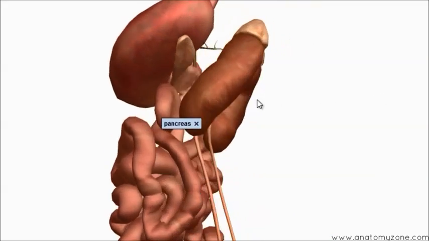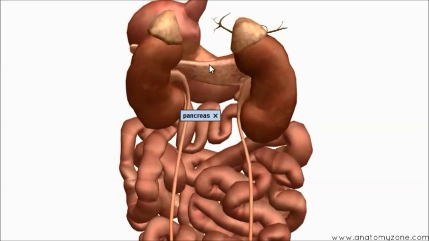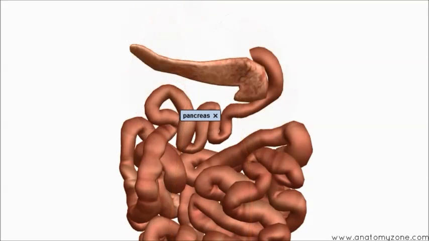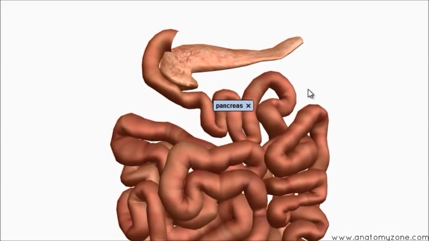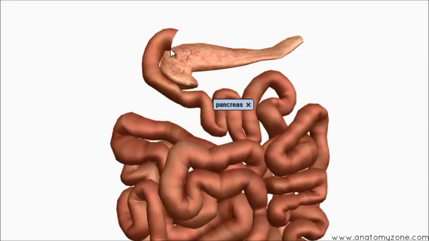This organ sits behind the stomach, as you can see here. If I just fade away the other organs, you can see the pancreas, and you can see how it sits in this C-shaped part of the duodenum. So the head of the pancreas nests itself into this curve of the duodenum.